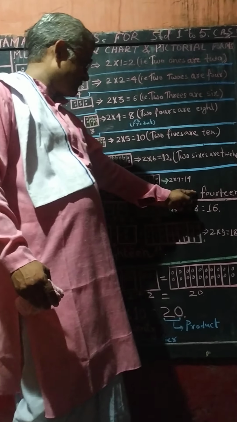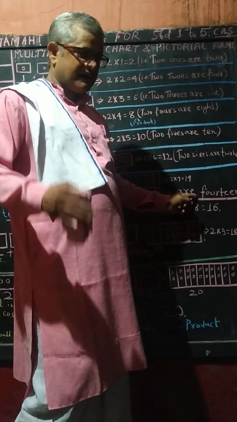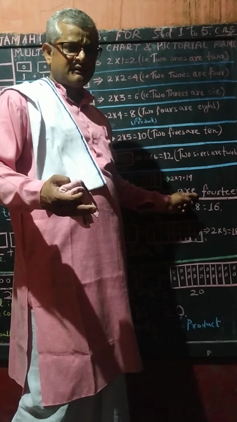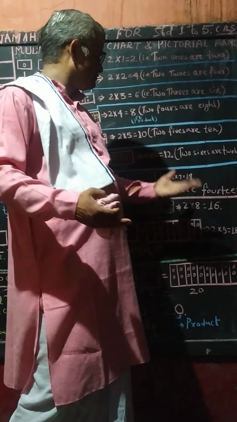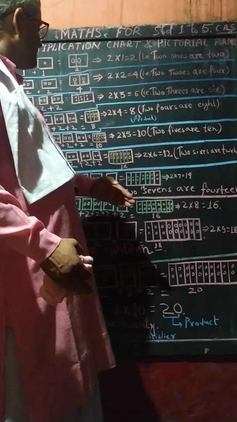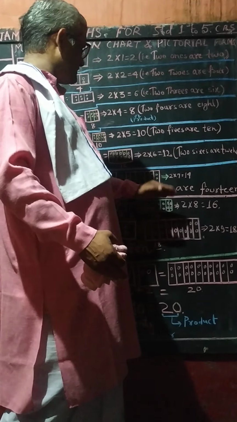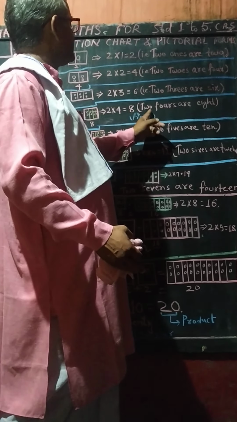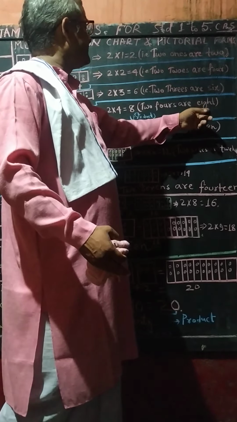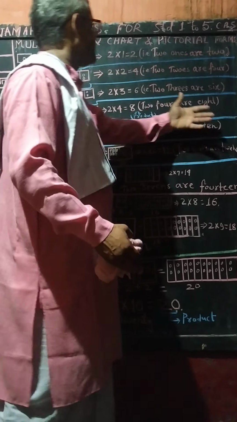Yes, sir. Is your idea of the pronunciation clear? Yes, sir. That is "ja" and R. Your problem was why it is pronounced as "ja". We write 2 4s are 8 and we read it as 2 4 ja 8.